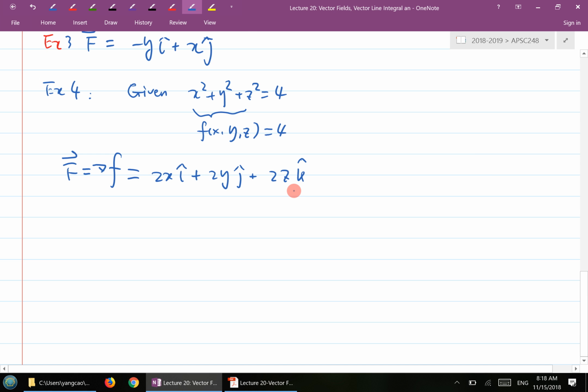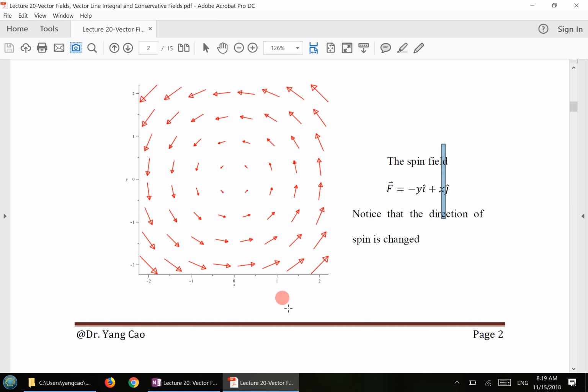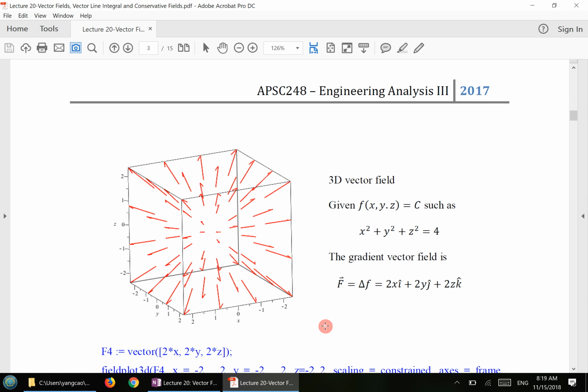You have a whole bunch of arrows shooting out of the origin. The further away from the origin, the longer the arrow becomes. So you get a vector field like this. It's more like the back of a porcupine, all needles pointing out of the origin. So that's the vector field for this particular one.